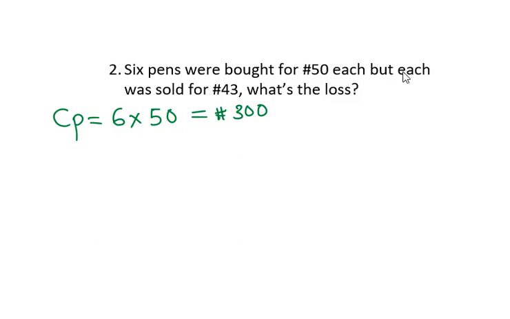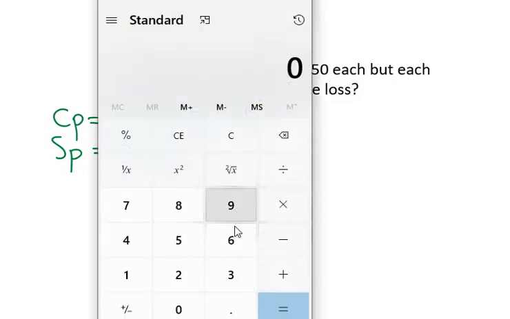Each was sold for 43. When they talk about sold for, it's talking about the selling price. Remember, we are still talking about 6, so 6 multiplied by 43 is equal to, you can just use a calculator for that, but you can also do this calculation manually.